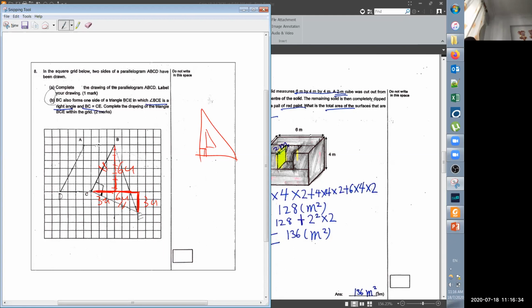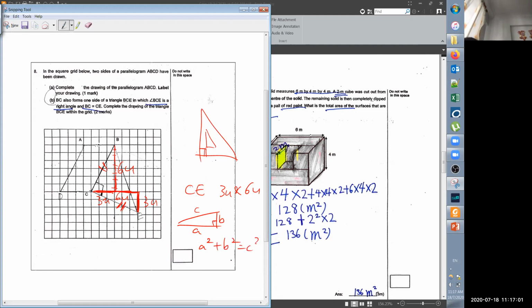So that's how you measure this. So this CE is given by 3U and 6U. Okay, this is something to do with the Pythagoras theorem. Can you still remember the Pythagoras theorem? It must be a right angle triangle. A square plus B square is equal to C square.